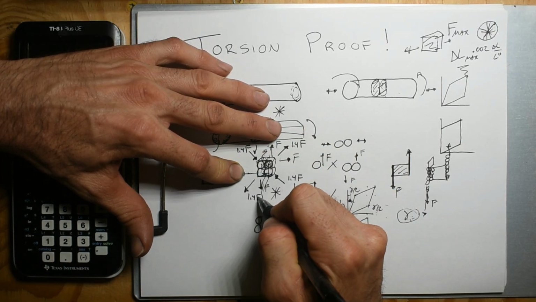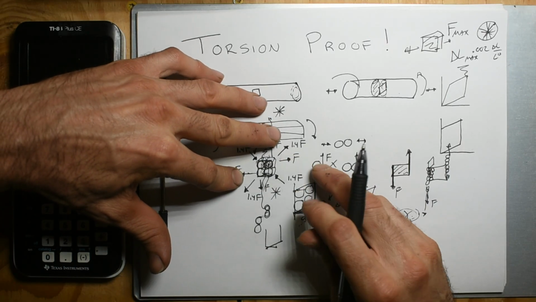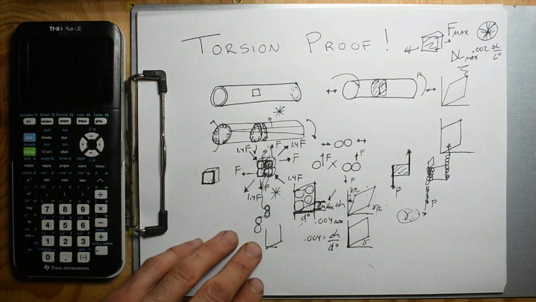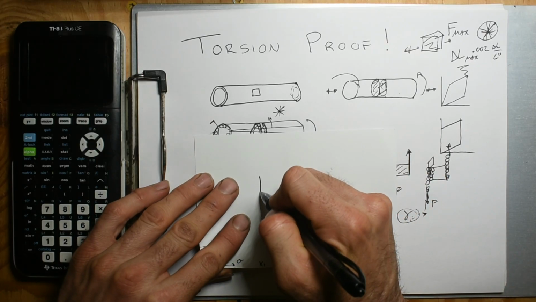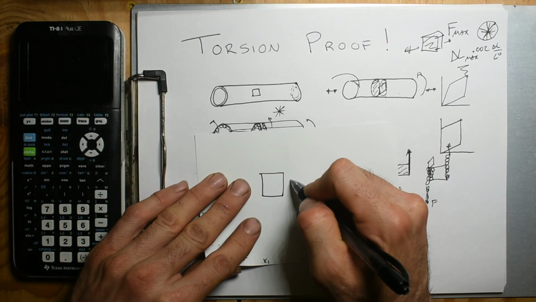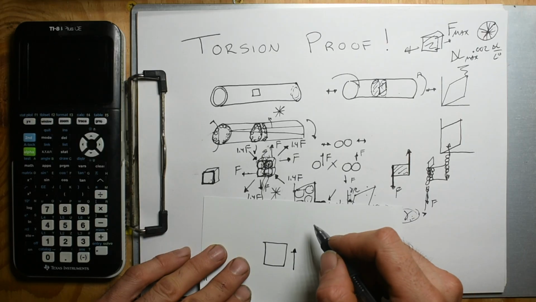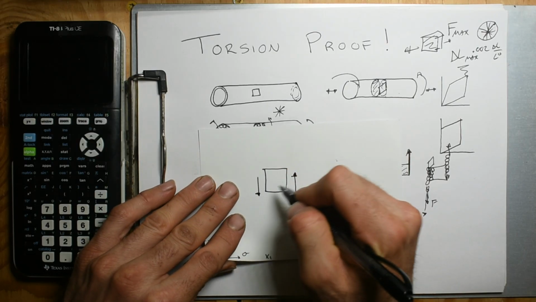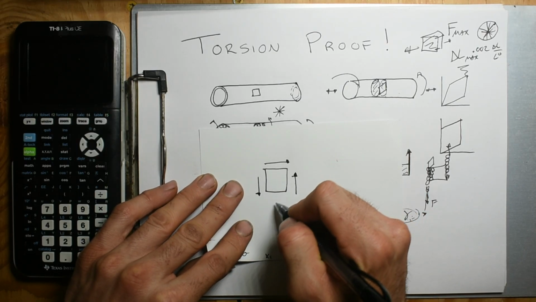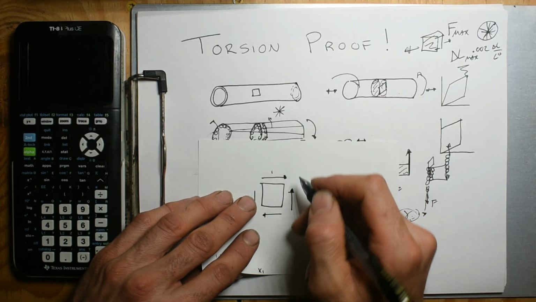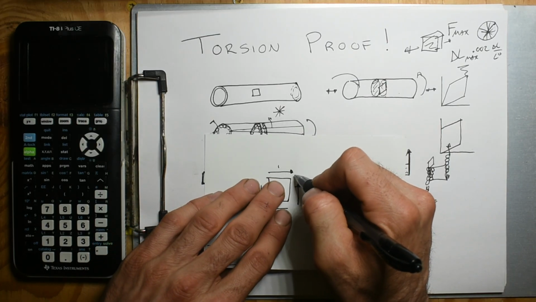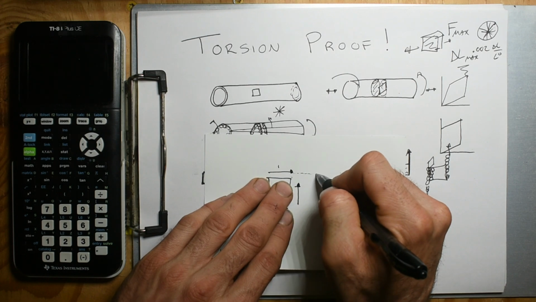But it's because of the additive nature, and we might as well try that. So let's see if this works. When we have shear, we're going to do an up, a down, a right, and a left. I'm going to say this is a value of 1.